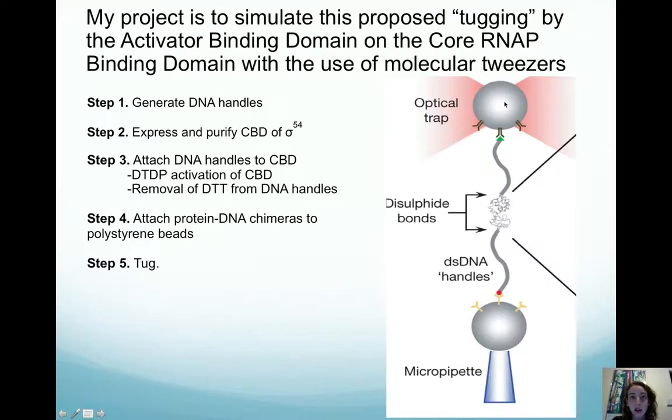And the laser will pull on the beads, and first the protein will stretch, and then it will unfold. And what we're going to do is measure the number of unfolding events and determine whether the fracture point sort of plays a part in this experiment.